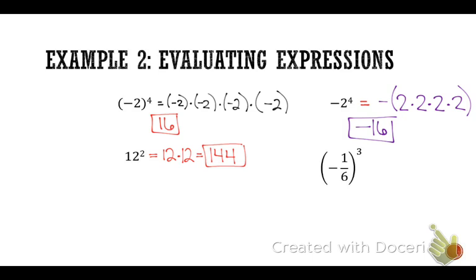That still means, because it's in parentheses, negative 1/6 times negative 1/6 times negative 1/6. All right, and we know when we multiply fractions, I ran out of room, but we multiply all our numerators. What's 1 times 1 times 1? 1. It's okay.